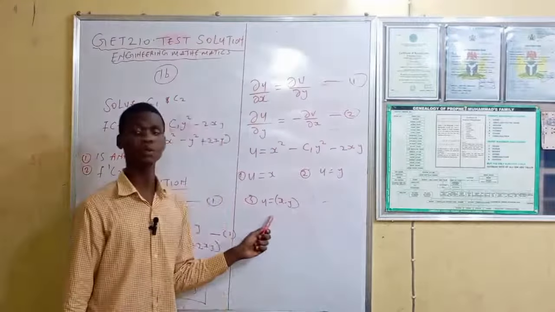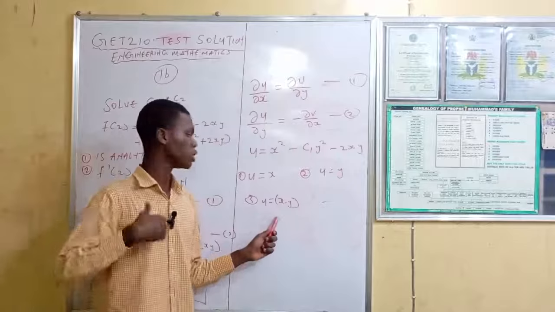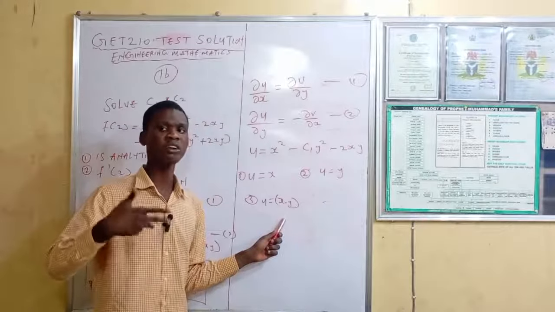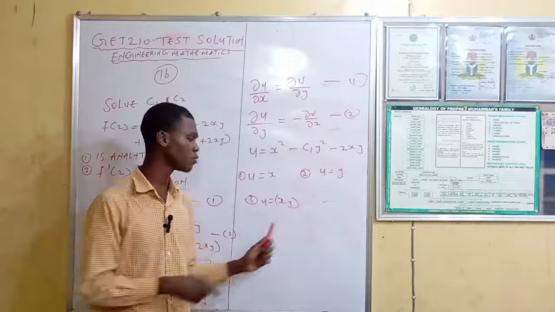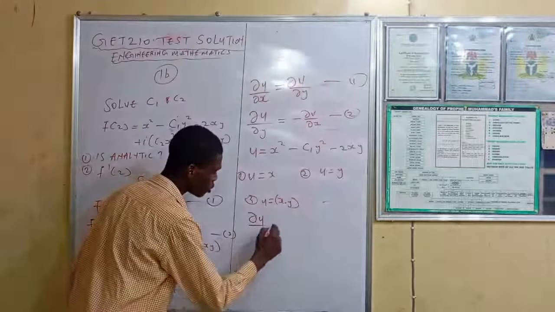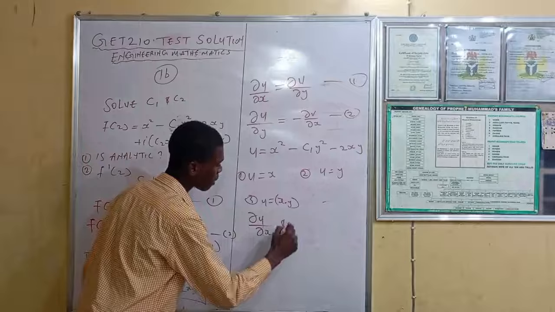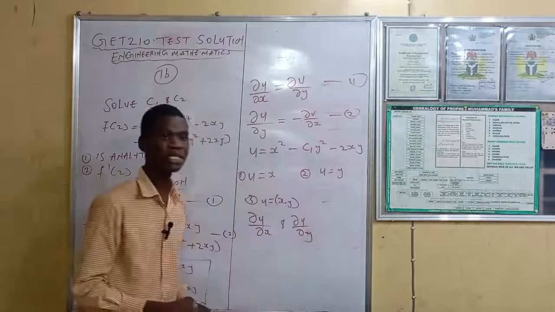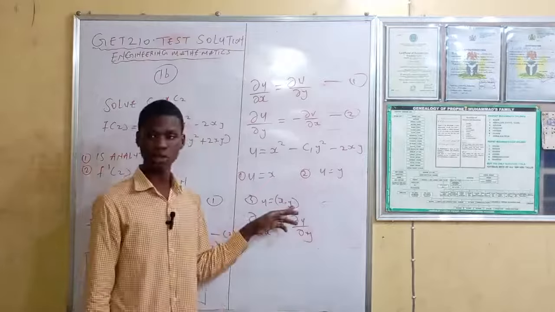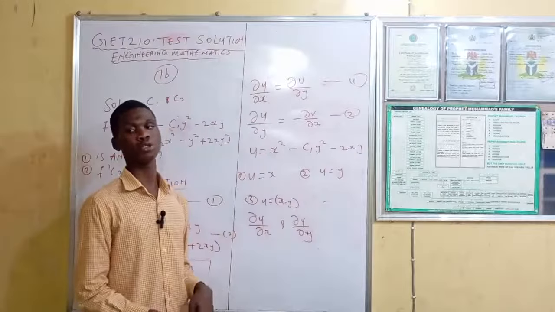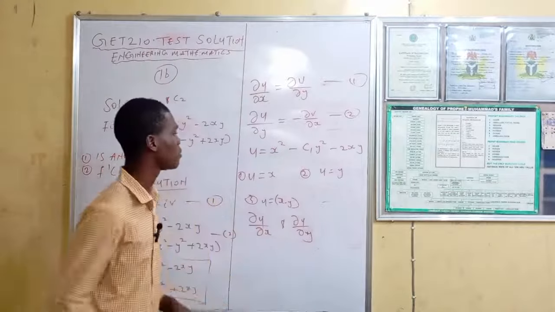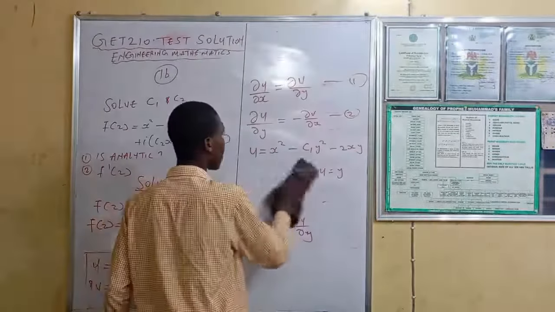But in this case, by the time you differentiate, you will be having du over dx and du over dy, which are referred to as partial derivative of u with respect to x and partial derivative of u with respect to y. So since we have two variables present in a given equation, it means partial differentiation, partial derivative.